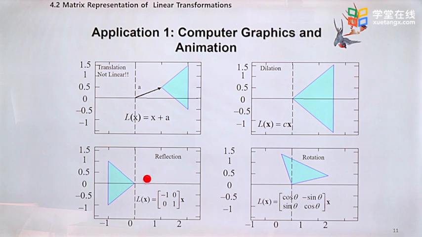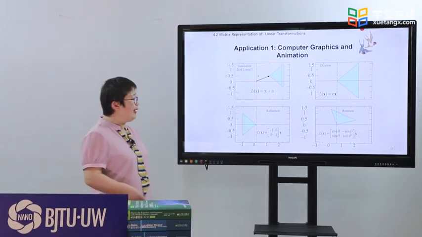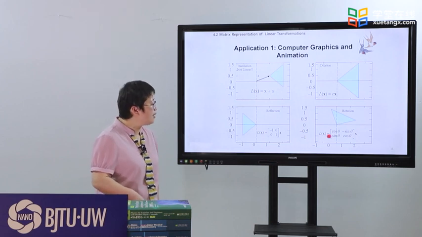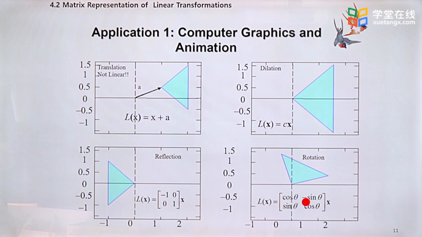This one is a linear transformation. Also, rotation we mentioned before: if you use this matrix, cosine theta, sin theta as the first column, and minus sin theta, cosine theta as the second column, then this matrix times x rotates each vector anti-clockwise by angle theta. So this one is for rotation in the animation.